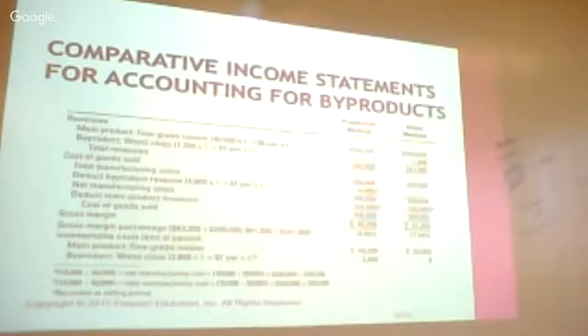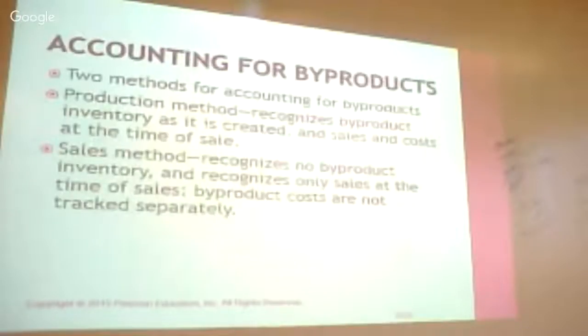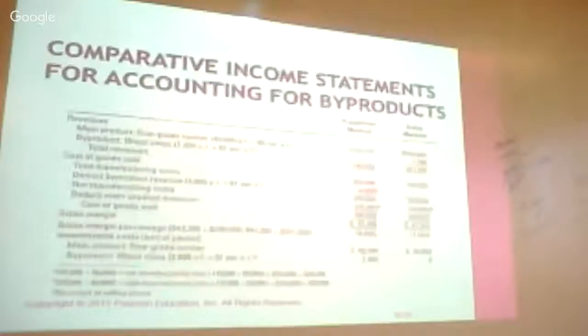Let's look back here. Remember what we said earlier: the production method recognizes byproduct inventory as it's created and sales cost at the time of the sale. The sales method recognizes no byproduct inventory and recognizes only sales at the time of sale. We don't track it.